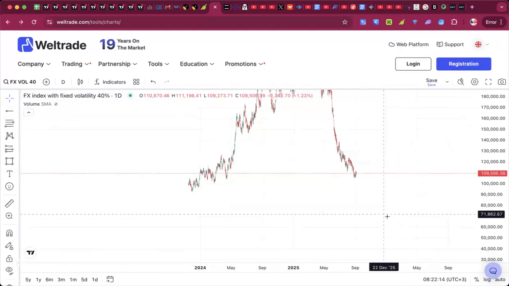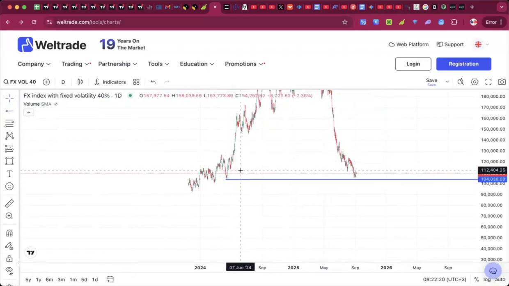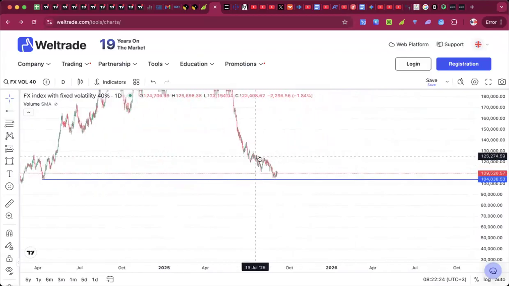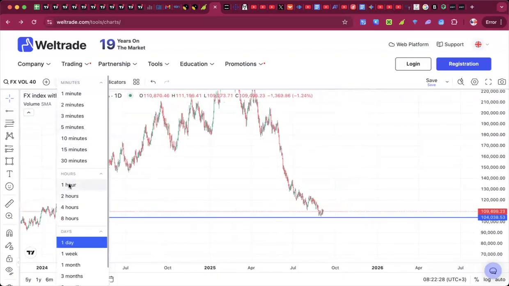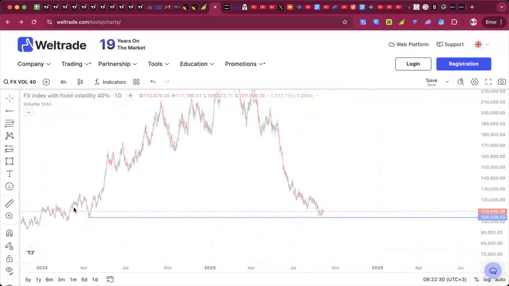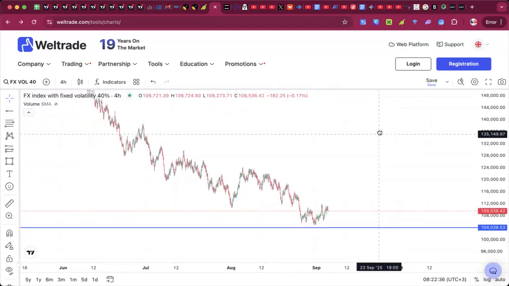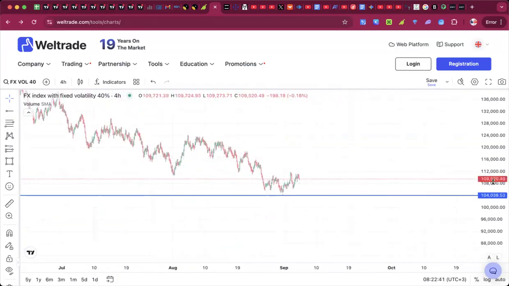Okay. So now let's look at something here. This market is actually going to react from here, so you go to a lower time frame. Let's look at 4 hours.